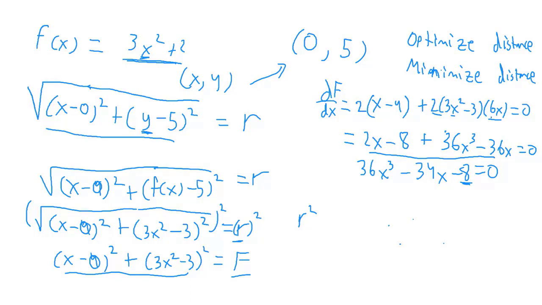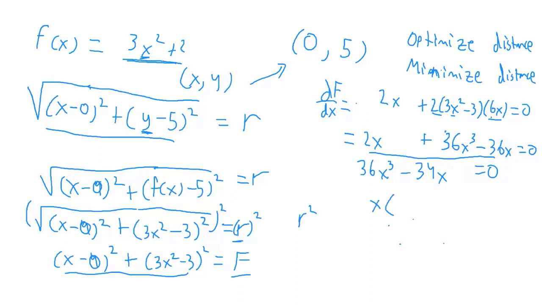So our derivative will just be the derivative of x squared, which gives us 2x, and this minus 8 term will essentially just disappear. So we'll just be left with 36x cubed minus 34x equals 0.